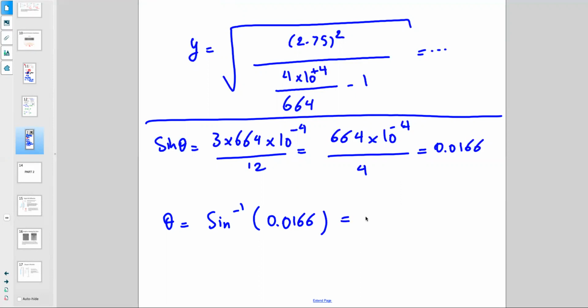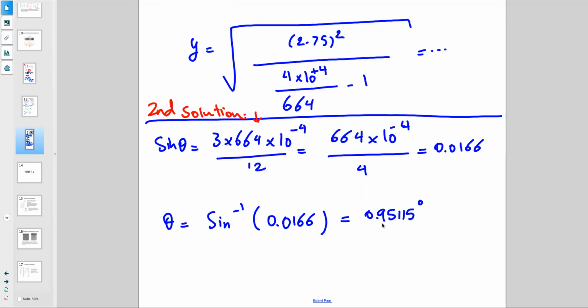This gave me an angle of 0.95115 degrees. So this is the second way of solving it.